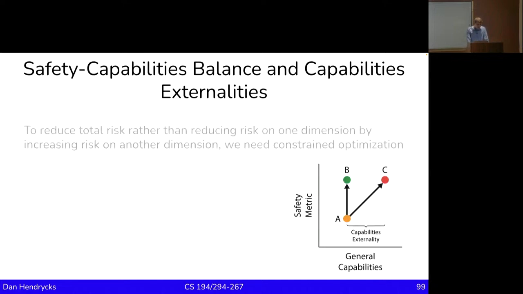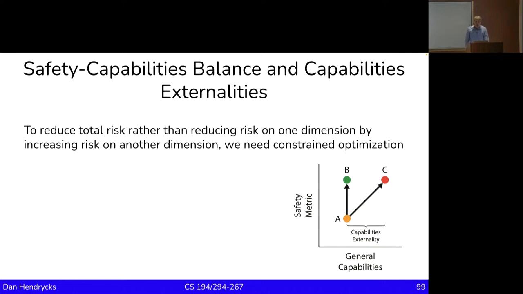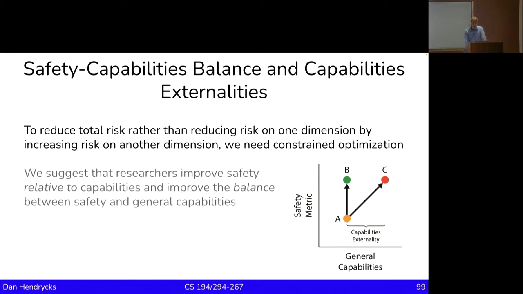And what we want is to improve on some safety metric without also increasing on the general capabilities axis, because that means we have less time to make things safer. So if you're having a good safety metric or safety goal, you want it to be possible to improve on the safety metric without also improving on the general capabilities metric.